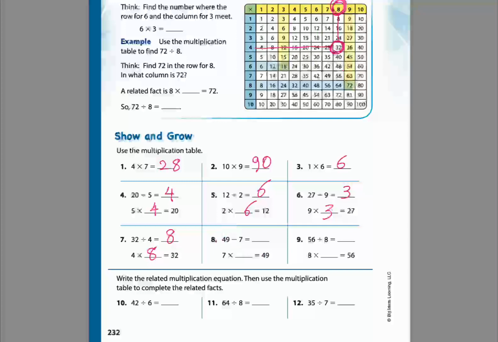So in this row of 7, we need to find 49. Oh, this is the 49 here. In which column is this 49? 7. So 7 multiplied by 7 equals 49. And 49 divided by 7 equals 7.